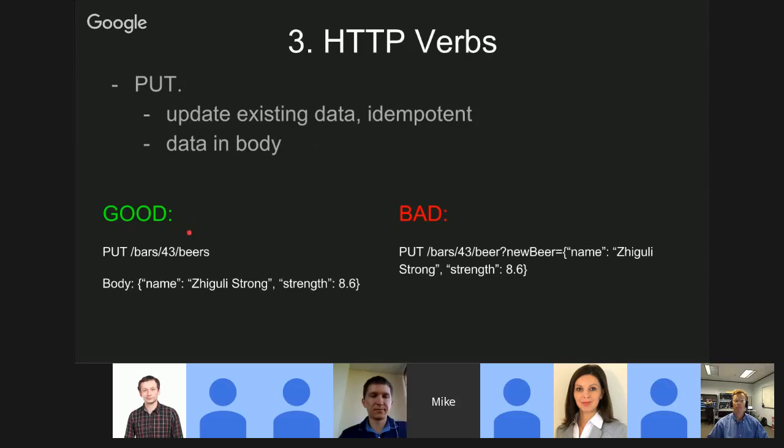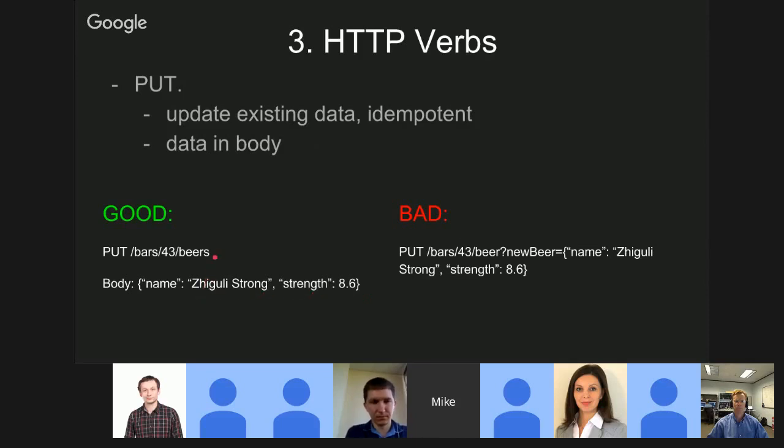A good example of usage of the PUT method: it looks like a POST method. Only one difference, that the POST method will create a new entity and the PUT method just updates an existing one. For example, for a previously created beer, I can change some attributes, some properties of it.